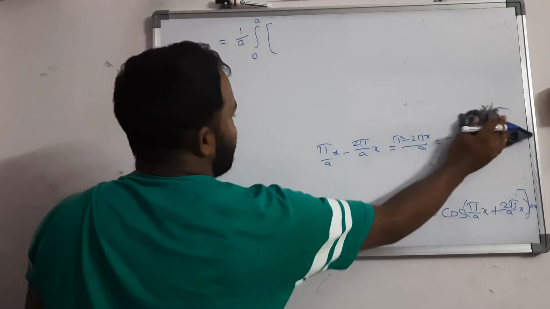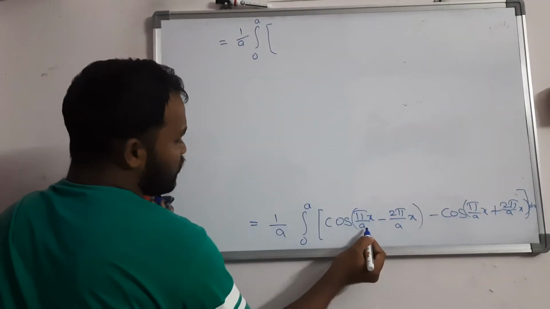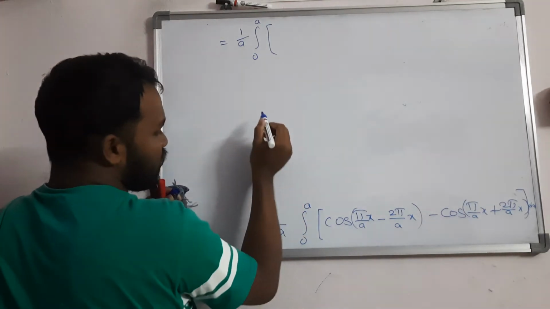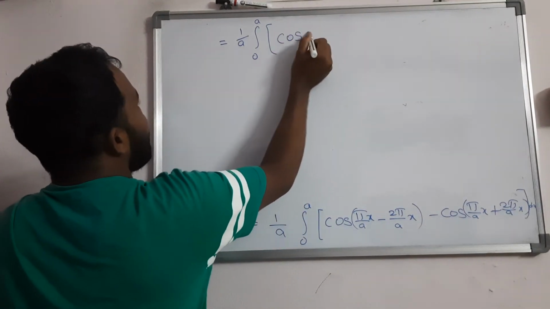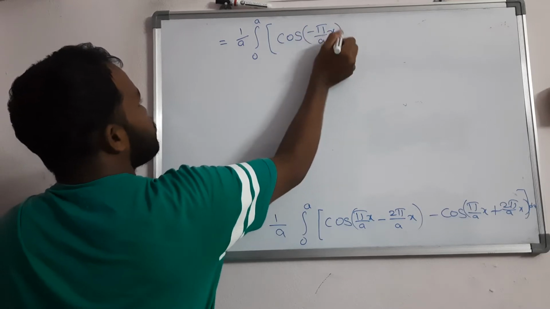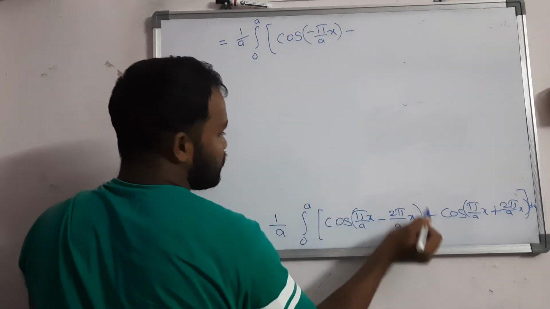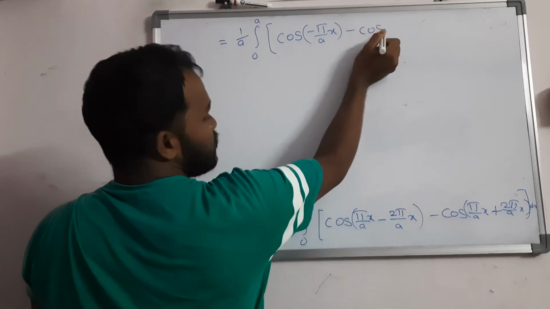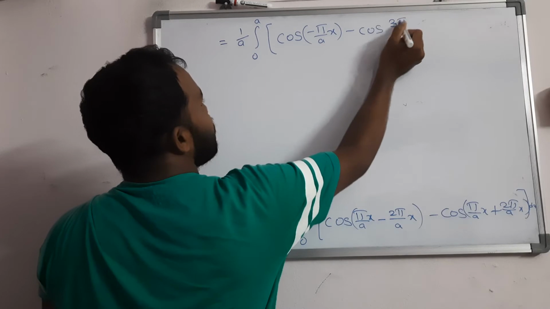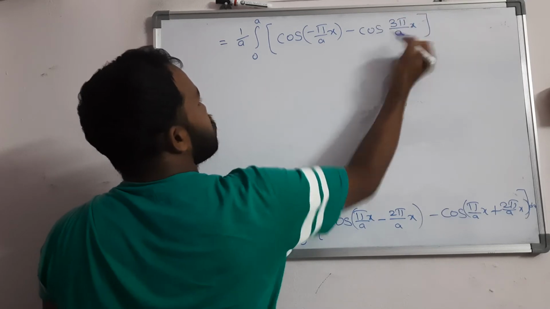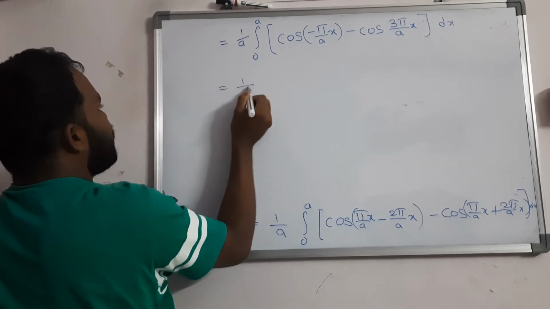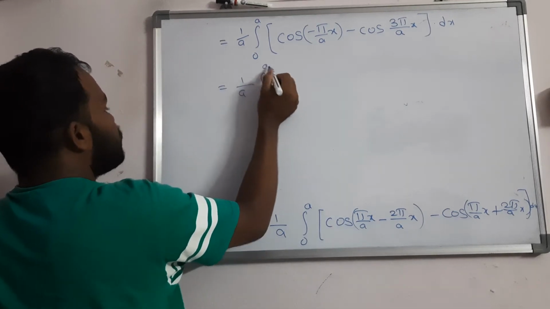Here the value is 1, this is minus 2, 1 minus 2 is minus 1, you will get cos of minus pi by a into x, minus cos of a, LCM is a, pi plus 2 pi is 3 pi by a, 3 pi by a into x. So value into dx you should write, that is 1 by a into 0 to a.